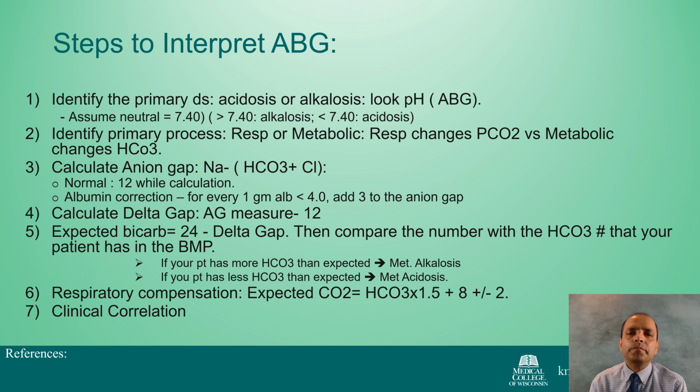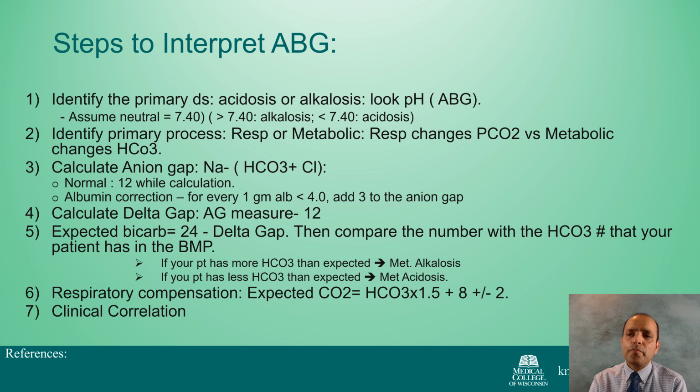So let's say the ABG carbon dioxide is more than the expected carbon dioxide. That means the patient has respiratory acidosis. On the other hand, if the ABG carbon dioxide is less than the expected carbon dioxide, that means the patient has respiratory alkalosis. Once you do this metabolic calculation and respiratory calculation, you know what disorder the patient has.